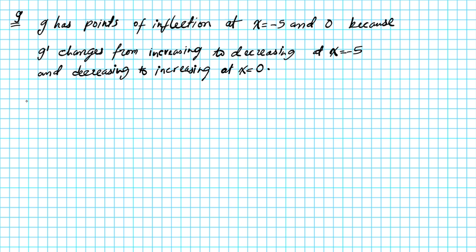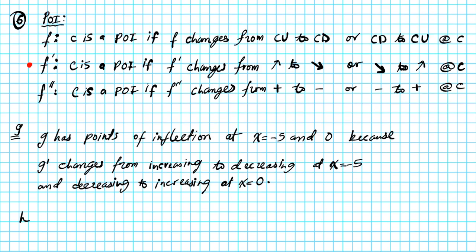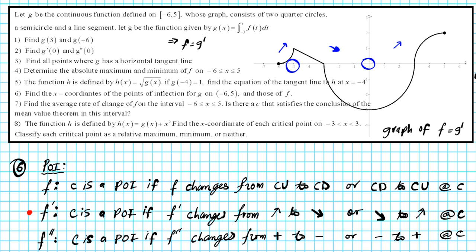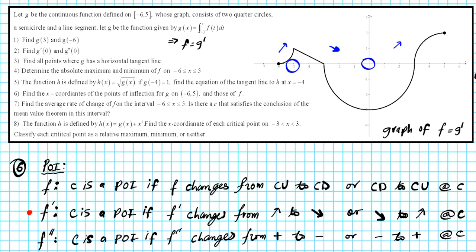Now let's look at h. We're looking for the points of inflection for h. That's the second part right there. Actually, let's make that f. I meant to say f, not h.